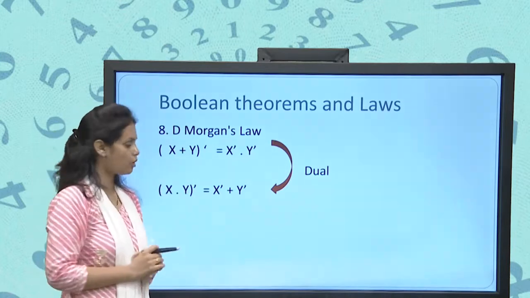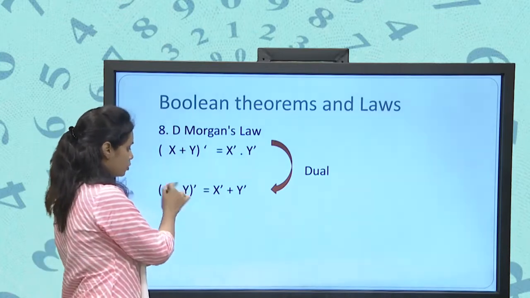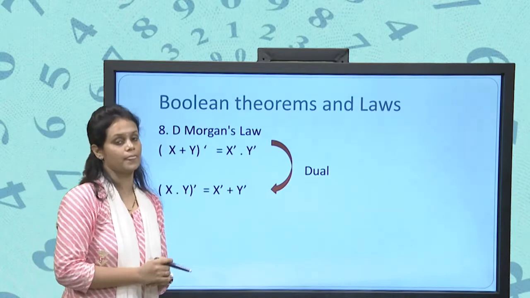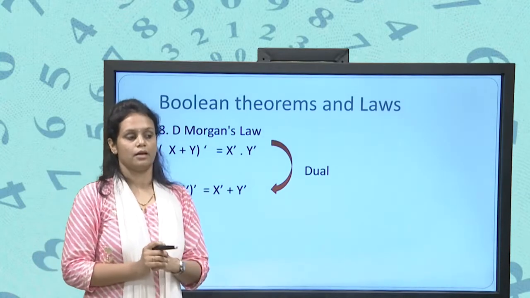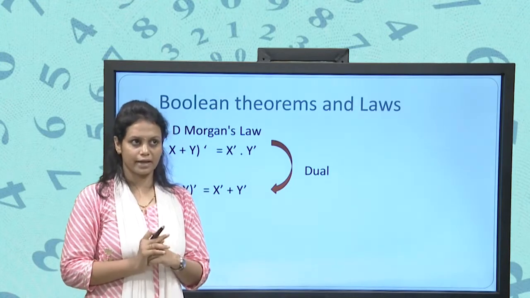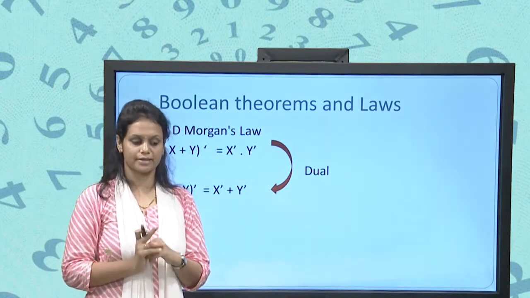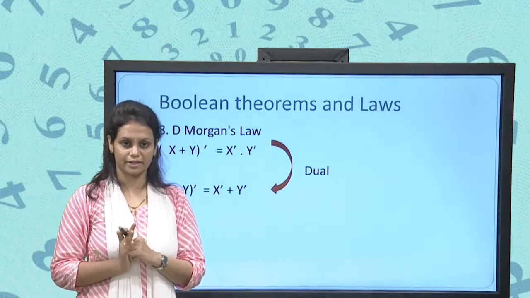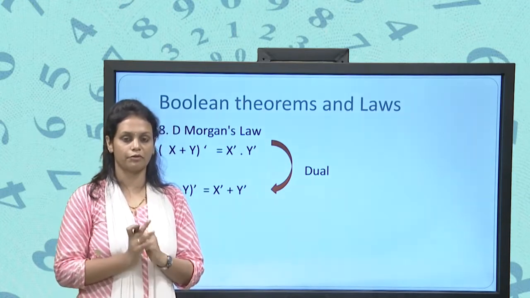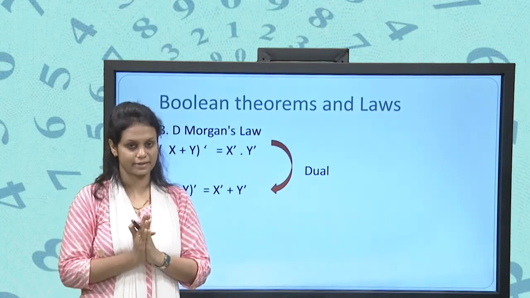Now we find the complement of (x dot y) whole dash. I am repeating what we do in set theory. Suppose we have A intersection B and we want its complement. First we find the complement of A, that is A dash.